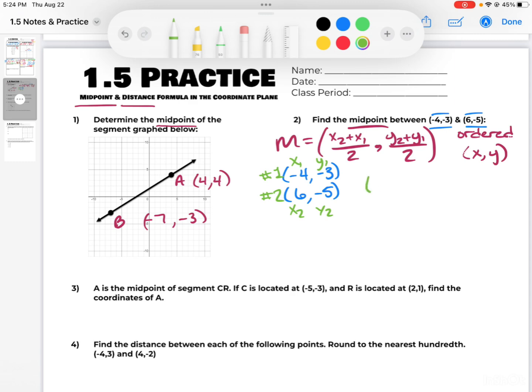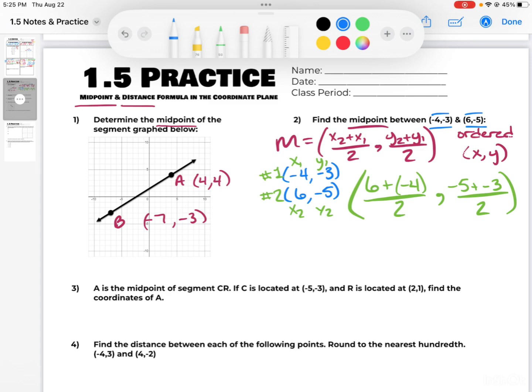So I've got X2, which is 6, plus -4 divided by 2. And then I've got Y2, which is -5, plus Y1, which is -3 over 2. And that's going to be my ordered pair that's right at the midpoint.